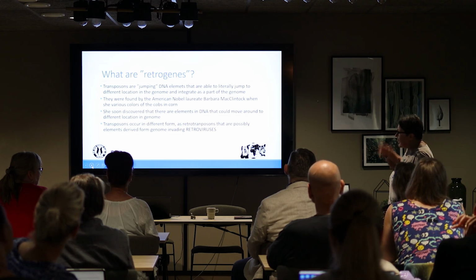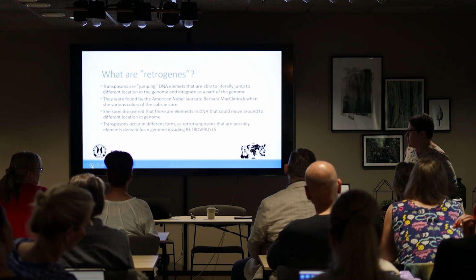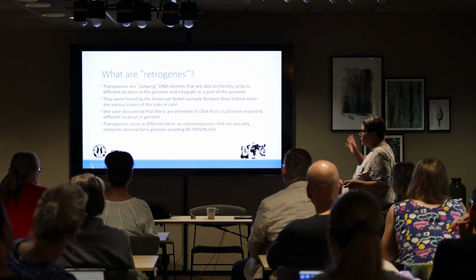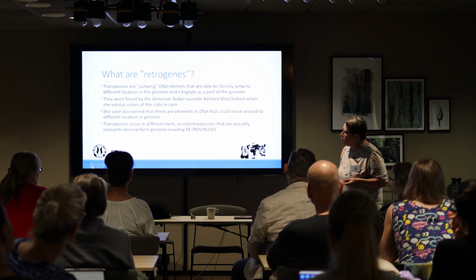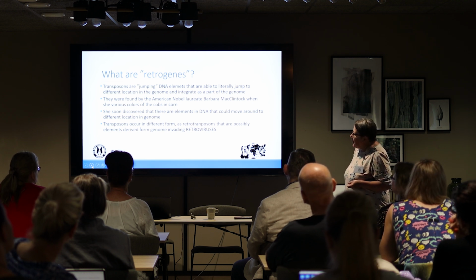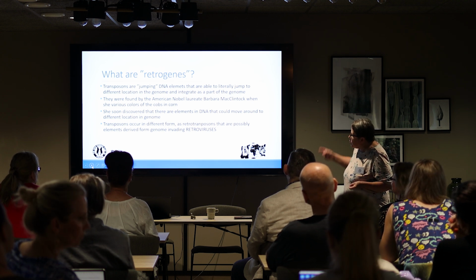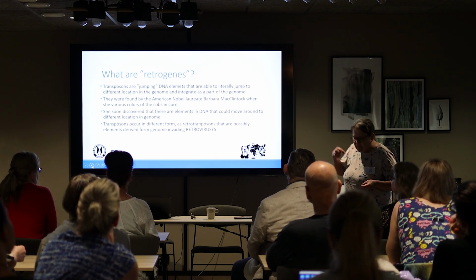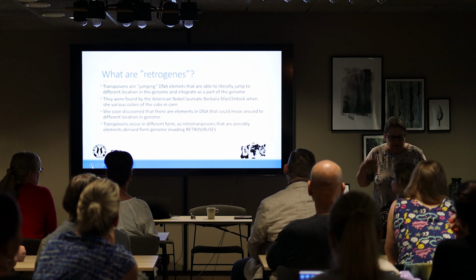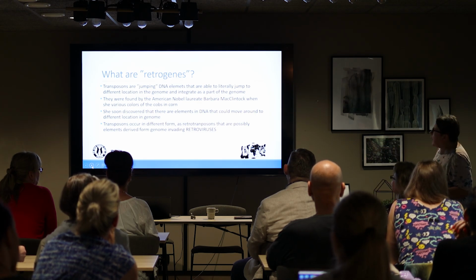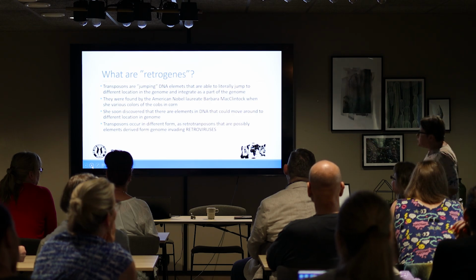But then in the end of the day, she was decorated in many ways. And she's one of the famous persons in the history of science and genetics. So she found these elements, and that they could move around to different locations in the genome of these corns and change the color of the corns.